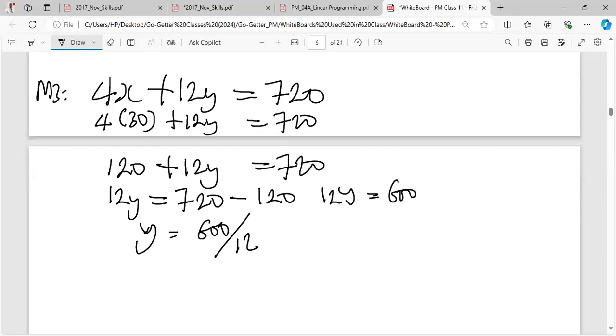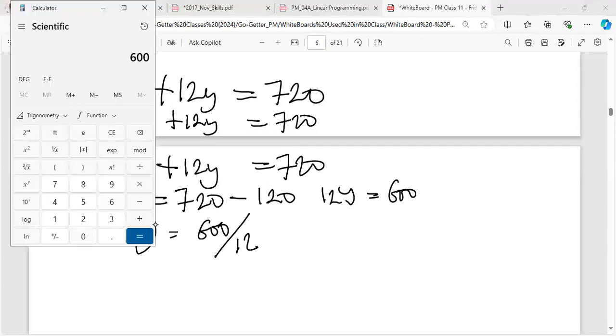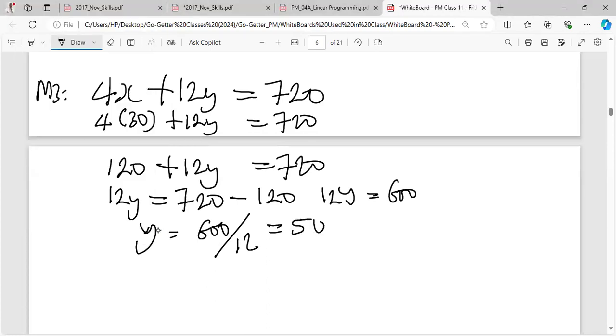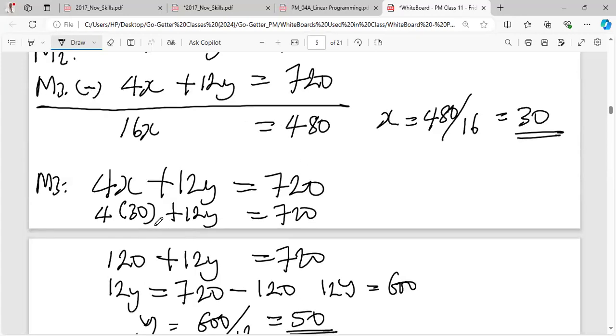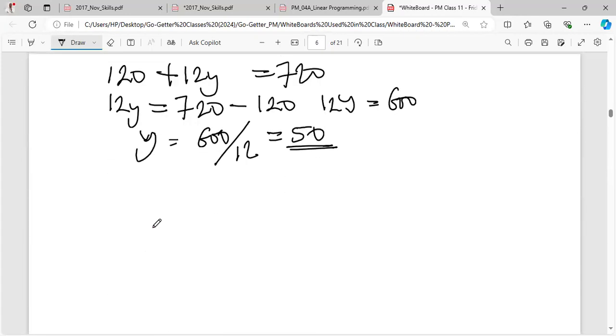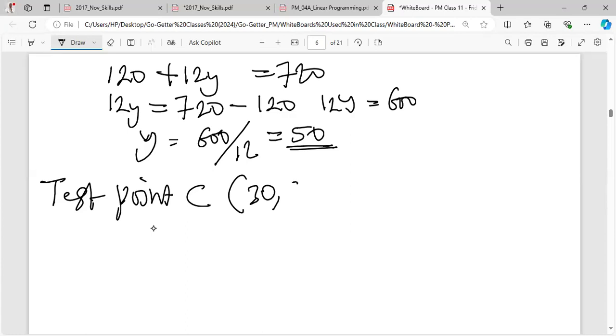And your y will be 600 divided by 12. And let's see. 600 divided by 12, and that gives us 50 as predicted. So now we know that x is 30, y is 50. We now say test point C. X is 30, y is 50.